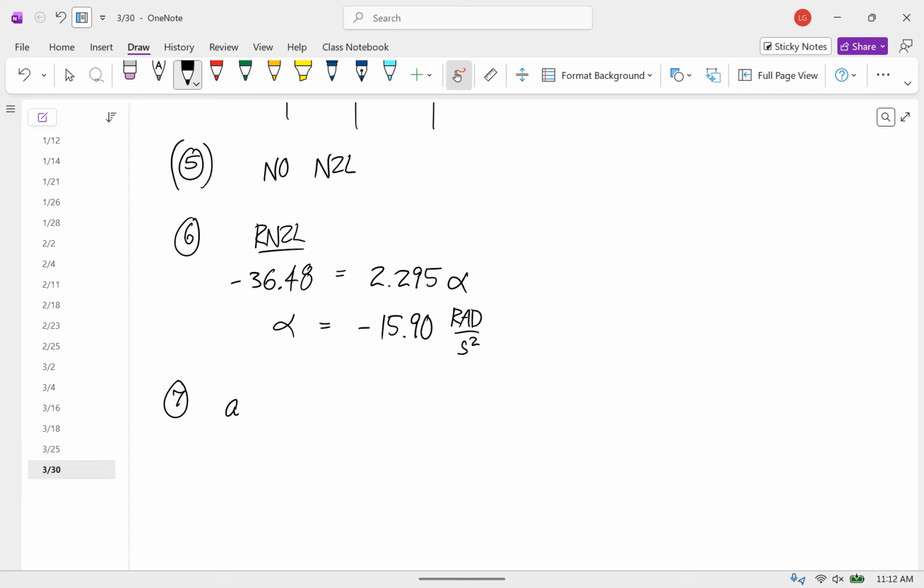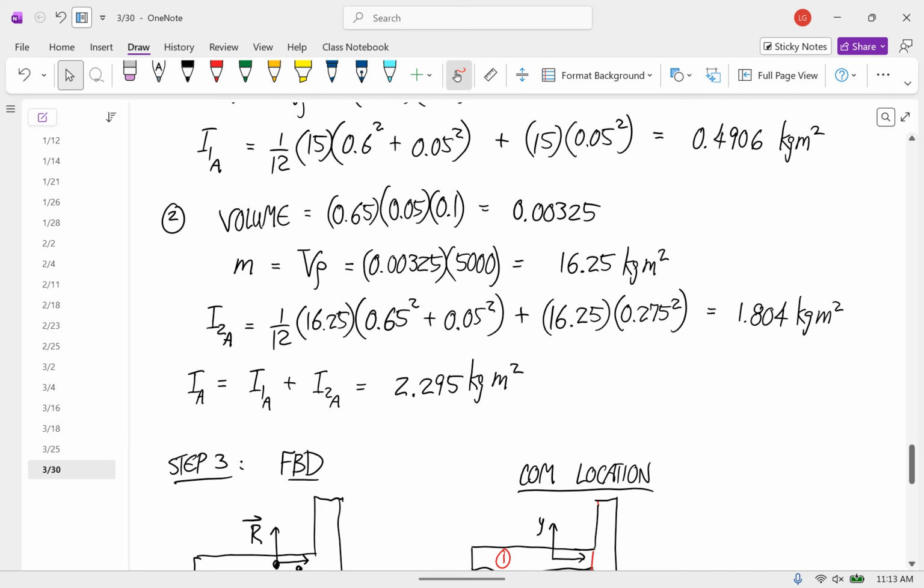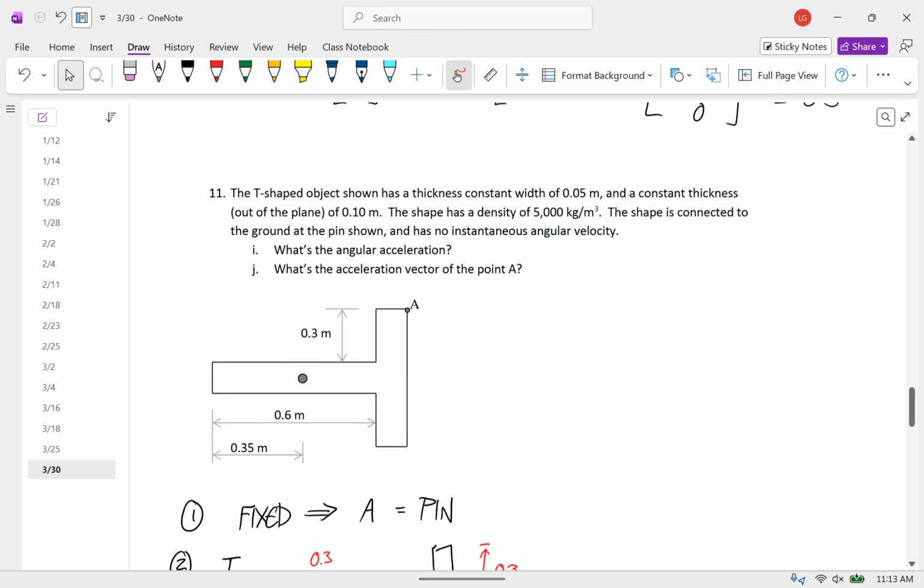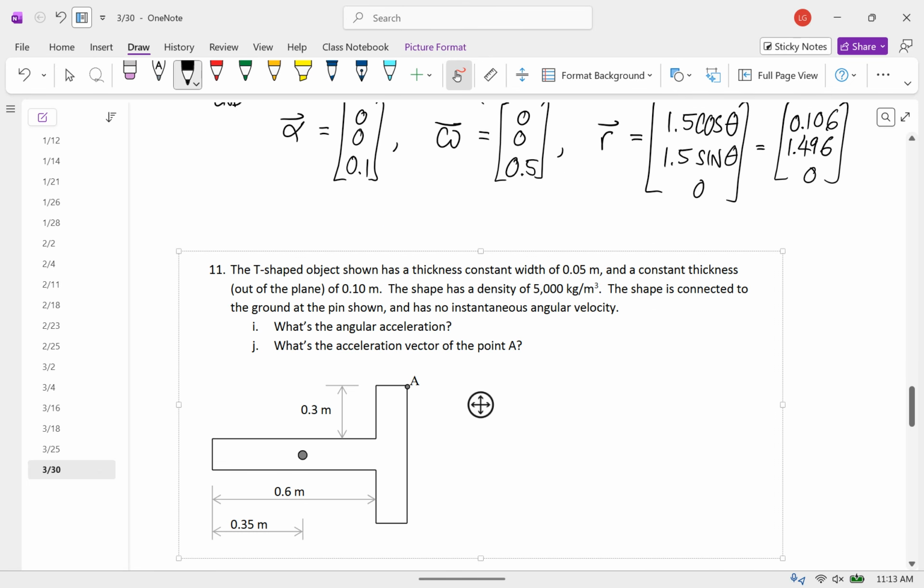So the acceleration of A is equal to alpha cross R plus omega cross quantity omega cross R. We have to be given omega. That's not something we can calculate this way. And it says that it has no instantaneous angular velocity, so that's 0.